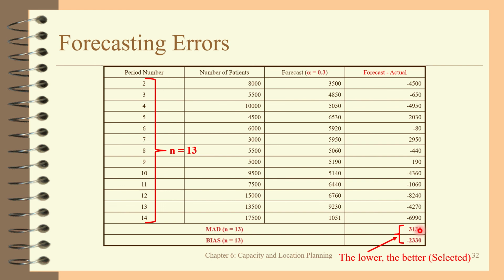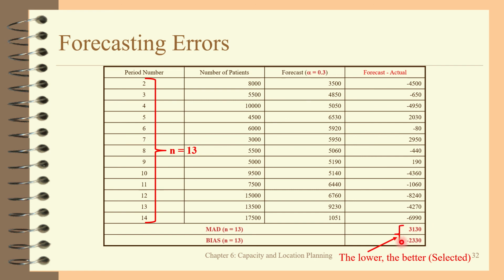Comparing the MAD of alpha equal to 0.3 and alpha equal to 0.1, you can see that 0.3 is lower. So alpha equal to 0.3 for the MAD index is better than alpha equal to 0.1. And alpha equal to 0.3 gives a lower value of bias than alpha equal to 0.1. This one is closer to 0. It's better.